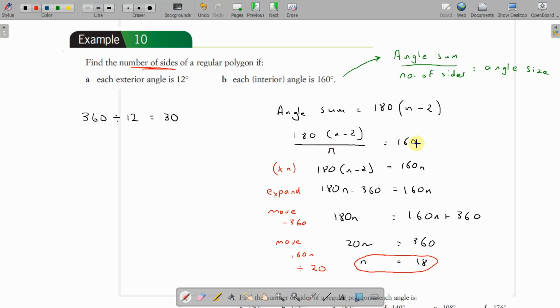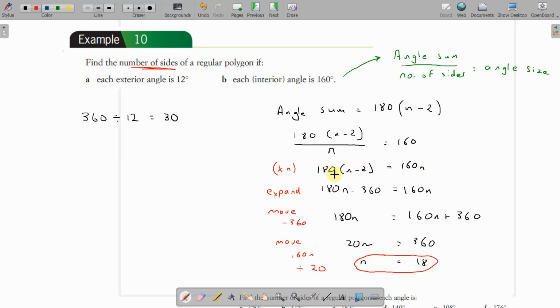So now with a bit of rearranging, what I did first was multiply both sides by n. That gets rid of this fraction. So all we're left with is the angle sum equals 160 times the number of sides. So that n's gone from there to there. And then I expanded the brackets.